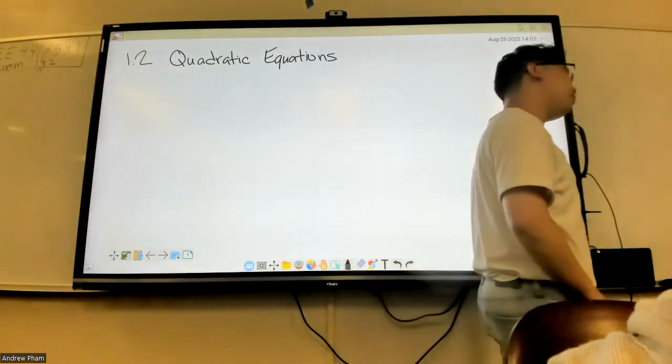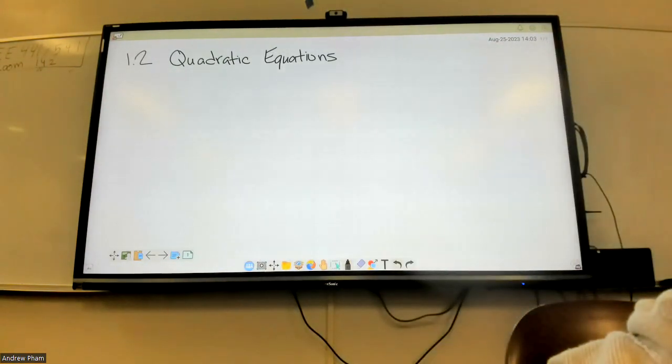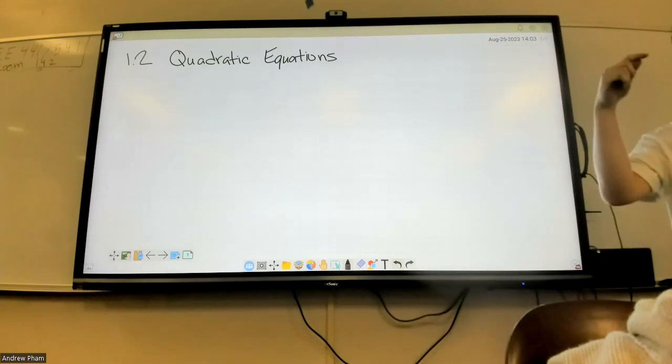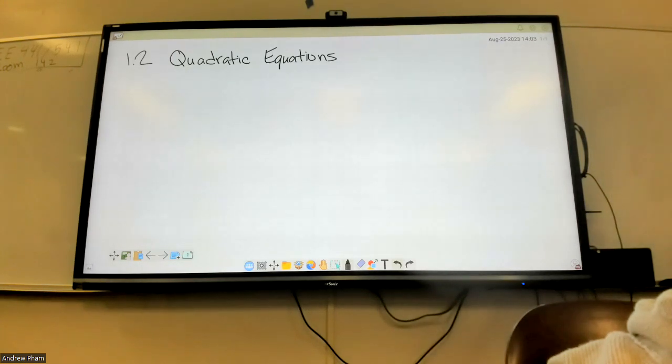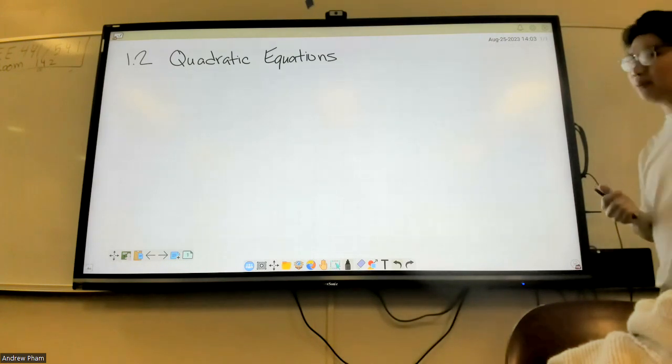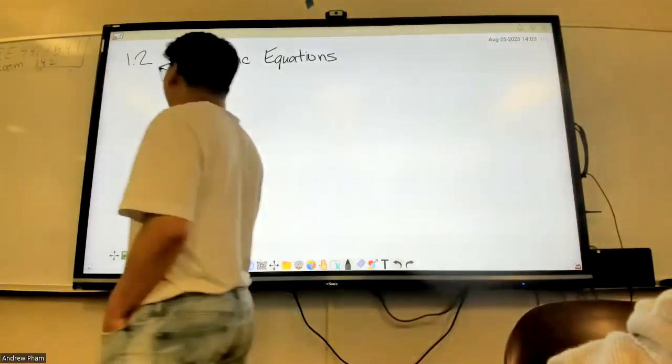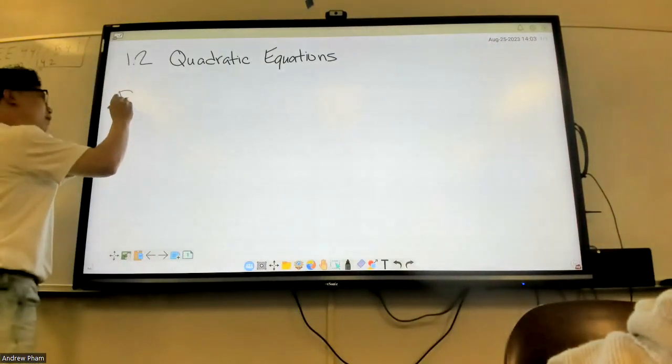And as it turns out, one of the big key differences between a linear equation and a quadratic equation is that quadratic equations have an x squared. Before we had x to the 1, now we got an x to the 2nd power. So let's go ahead and put out the formal definition.